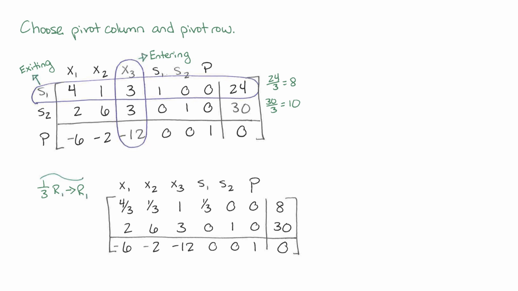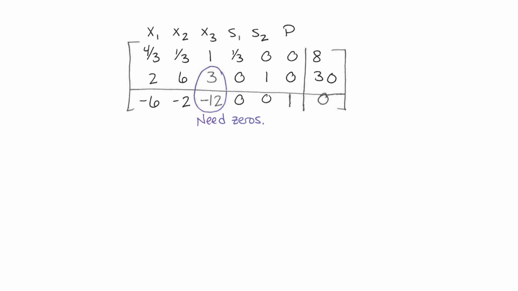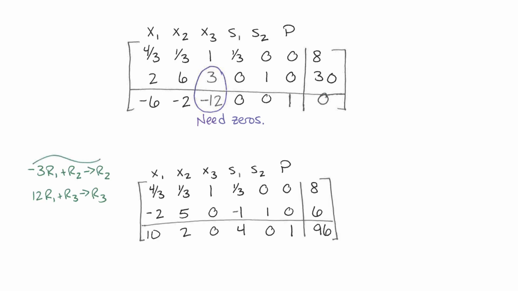Row 2 and row 3 are the same for now. So we have a 1 now in the correct position, but we need zeros in all the other spots in that column. So we need to change the 3 and the negative 12 to zeros.